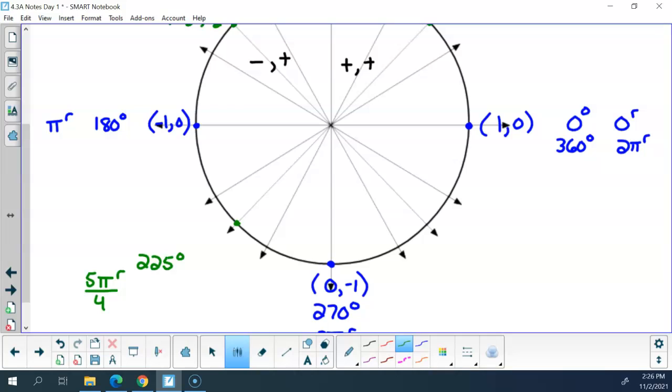Yeah. Quadrant 4. Halfway. 7 pi over 4. Halfway. 345. 315 I like better. Coordinates.